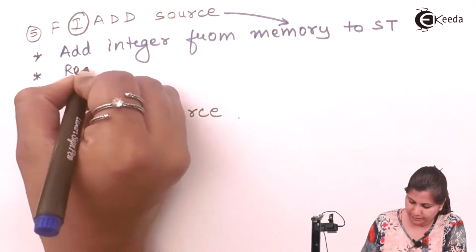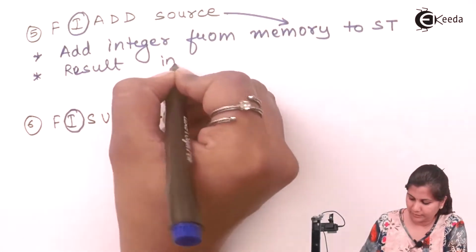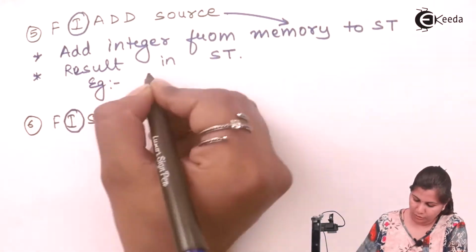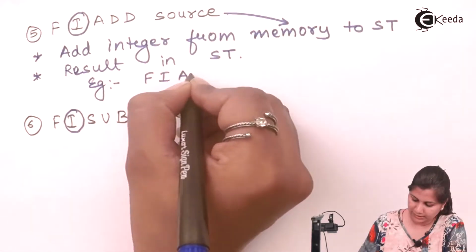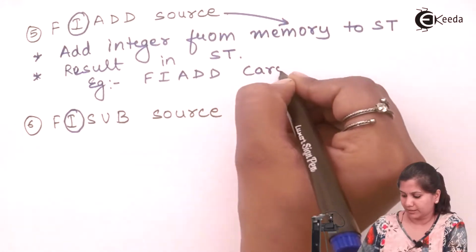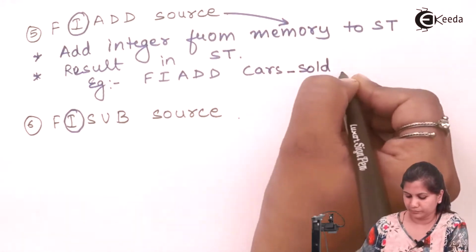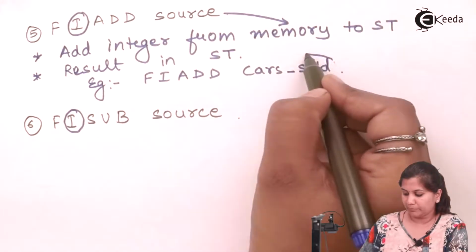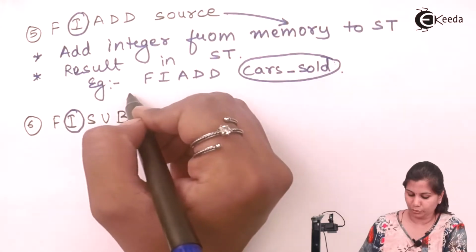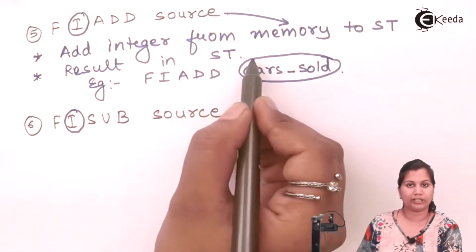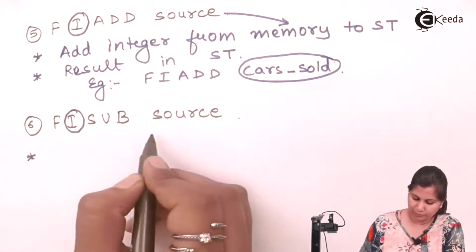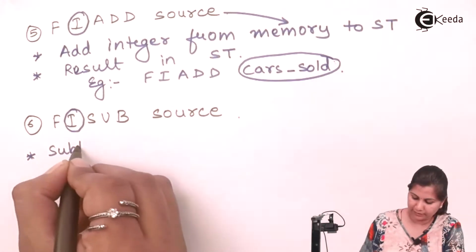The result is there in ST. If we see an example of this, FIADD, and here we have given a label, that is cars sold. So this memory location will have that integer value that will be added to ST and the result will be stored in ST.